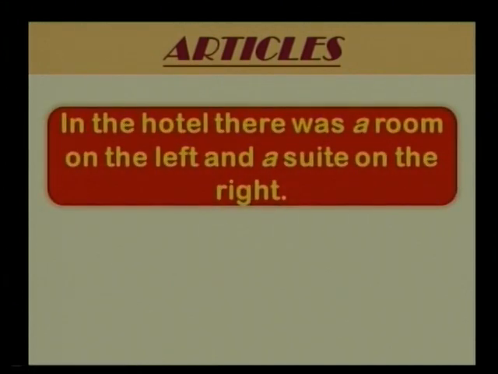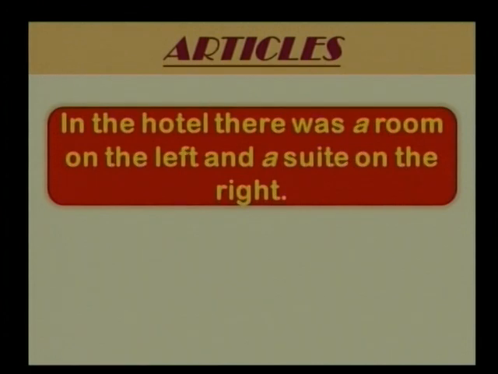In the hotel, there was a room on the left and a suite on the right. All right? Read carefully. For the first time I am describing the hotel to you. What does it say? In the hotel, there was a room on the left and a suite on the right.